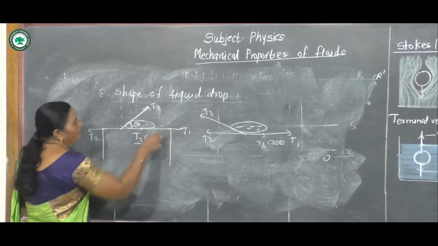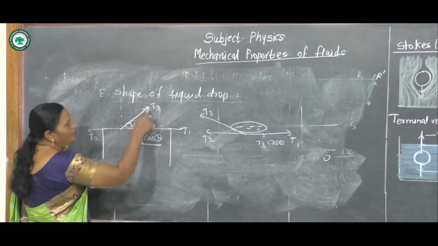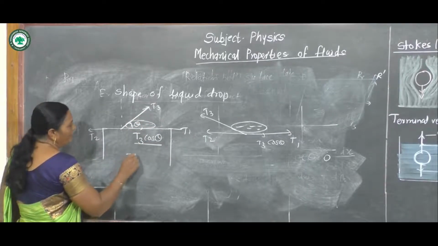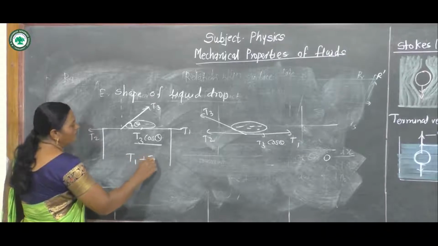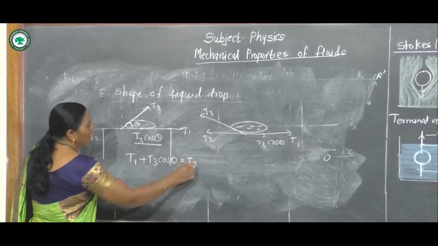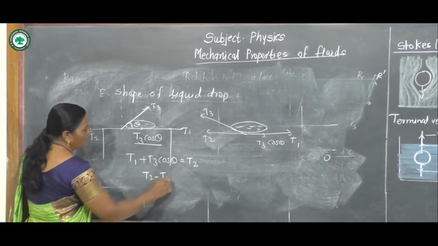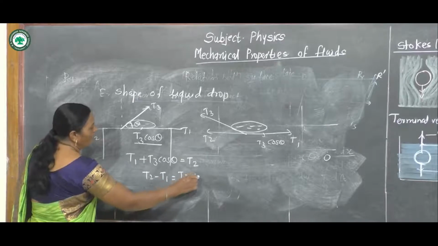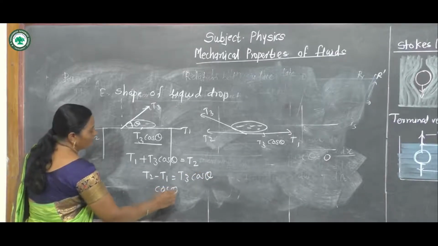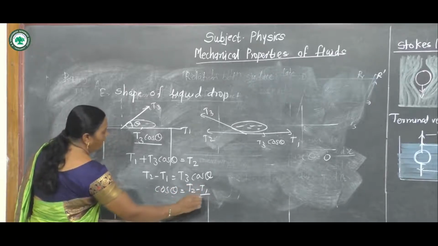Now from vector geometry we can say T1 and T3 cos theta are in the same direction, therefore we can write T1 plus T3 cos theta is equal to T2. Again we get T2 minus T1 is equal to T3 cos theta, and cos theta is equal to T2 minus T1 divided by T3.